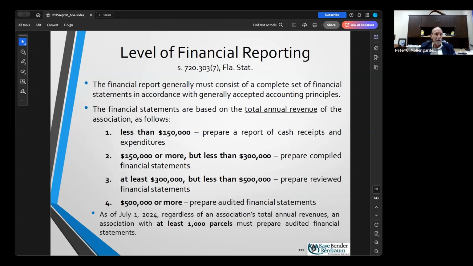If the annual revenues are at least 300,000, but less than 500,000, then it's a reviewed financial statement. But if it's $500,000 or more of revenue, then it's an audit or an audited financial statement. As of last year, regardless of your revenues, if you have 1,000 lots or more, you have to have an audit.